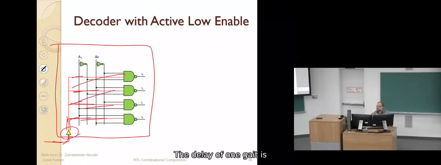And the delay of one gate is something specific and everybody knows, so they can use it for that. So when we build a component, we should be very careful about how to design it. Something like that. Okay? Any questions?